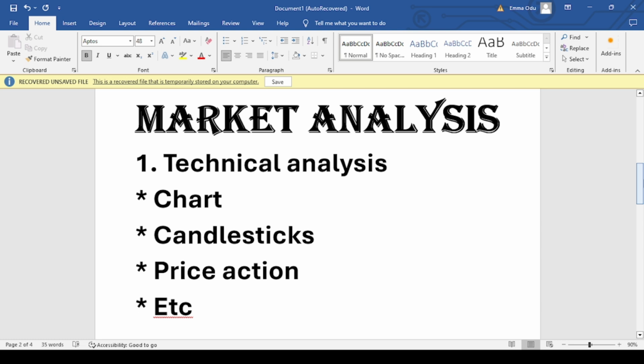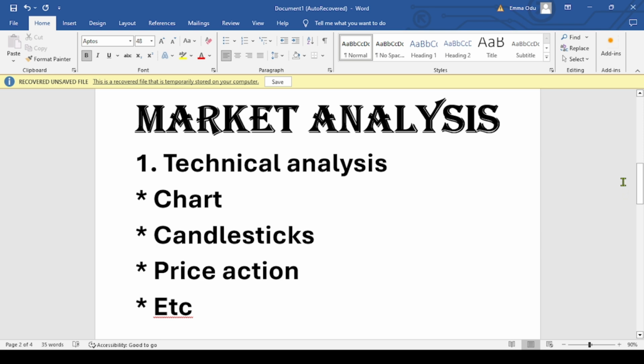We follow the movement of the price, the trend of the day, where the market is flowing to, where the market is heading to. That's the basis of technical analysis. You use charts, candlesticks and price action to determine when to trade and when to enter the market. That's what we did in the last class.